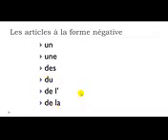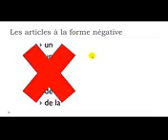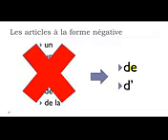Okay, if you want to put them in a sentence and the sentence is at the negative form, then you will not use them, but instead you will use de or the apostrophe if you've got a word with a vowel after or the sound of a vowel.